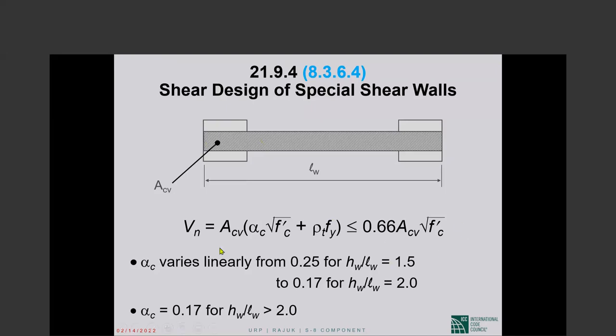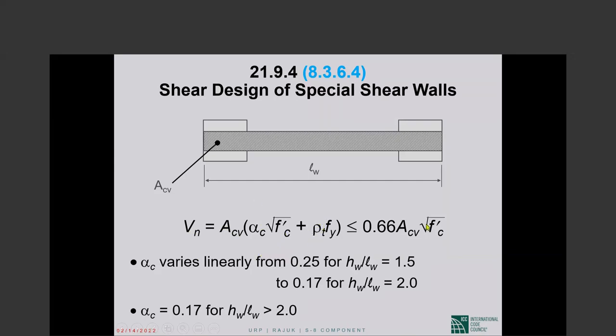Okay, so V sub n we have discussed, phi we have discussed, phi times V sub n has to be at least equal to V sub u. The V sub n comes partly from concrete, partly from horizontal shear reinforcement. How much can be carried by concrete we just discussed.